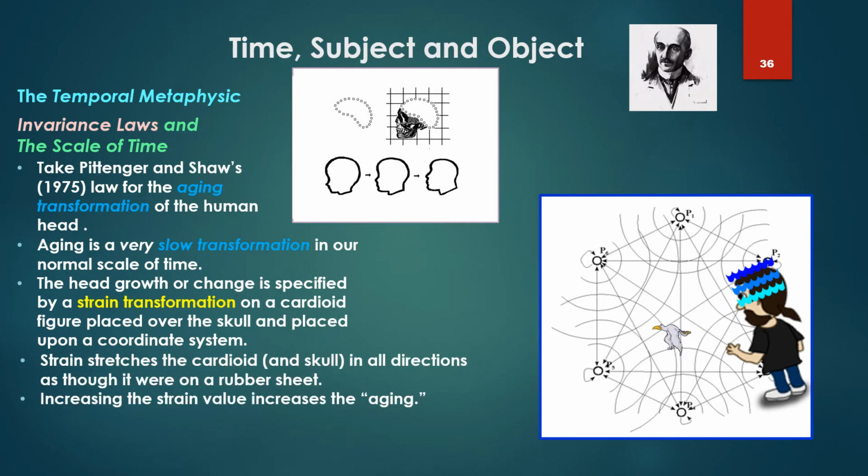And strain stretches the cardioid and skull in all directions as though it were on a rubber sheet. And increasing the strain value increases the aging. So there we see a few samples of the aging transformation generated, just a few of the skulls generated by simply placing the strain transformation on the cardioid.